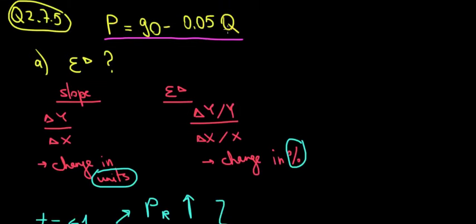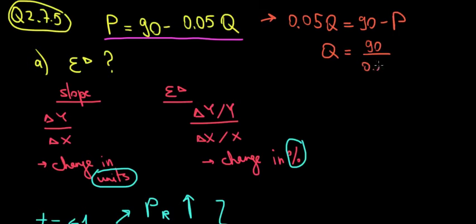We have quantity affecting price, but now we want to find out the slope of price affecting quantity. So let's actually write this as 0.05Q equals 90 minus the price. So we basically change the places of Q and P so that we have a function of quantity depending on price. Meaning we would have quantity equals 90 over 0.05 minus 1 over 0.05 times the price. So that would be equal to 1800 minus 20p.